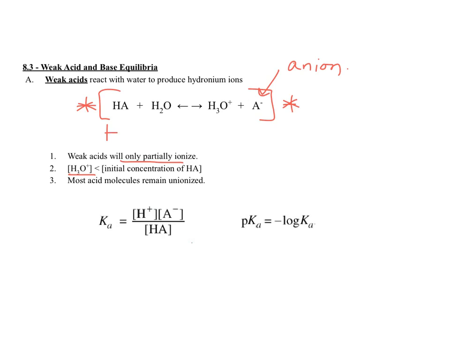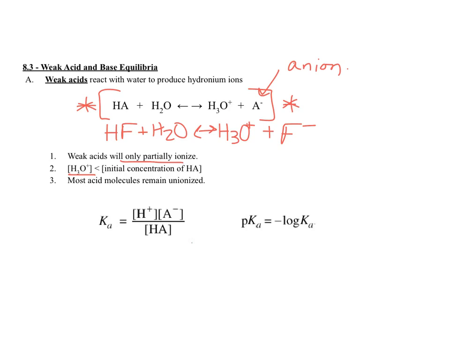So for example, HA is just the general formula of a weak acid. An example of that would be HF plus water, and then I get H3O plus. And then my anion that's left over when the hydrogen leaves is going to be the fluoride ion. So you'll see sometimes just the generic formula written the way I have in your notes. This is a specific example of that.